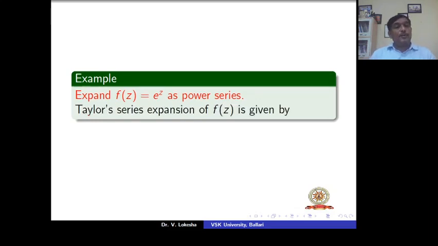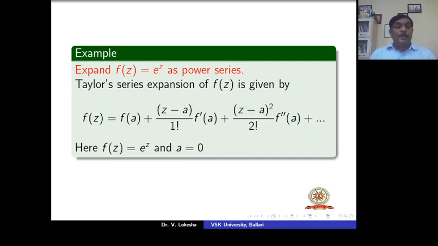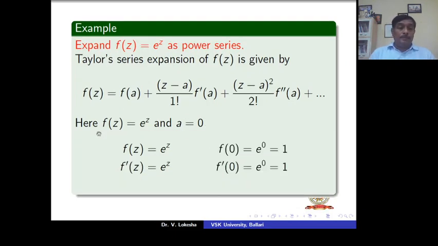First, we use the Taylor series expansion of f(z), given by f(z) equals f(a) plus (z minus a) by 1 factorial into f dash a plus (z minus a) whole square by 2 factorial into f double dash a plus etc. Here f dash a is the first derivative, this is the second derivative, as we already told. If we take f(z) equals e to the power z and a equal to 0, then we can start.